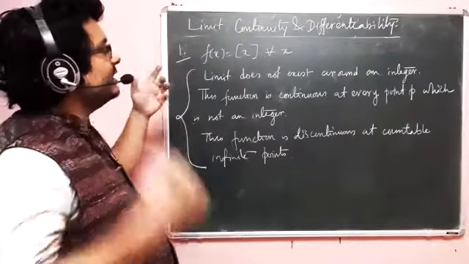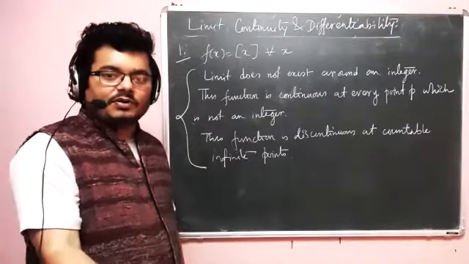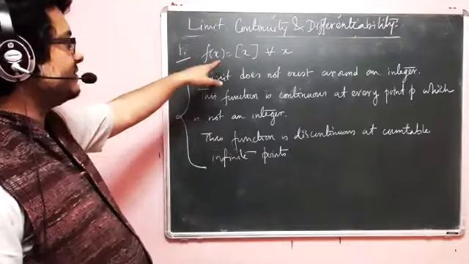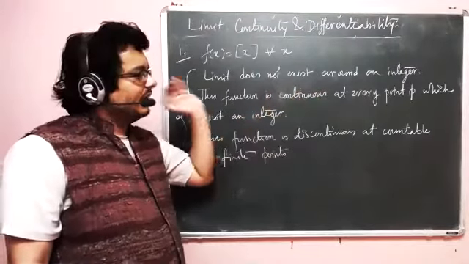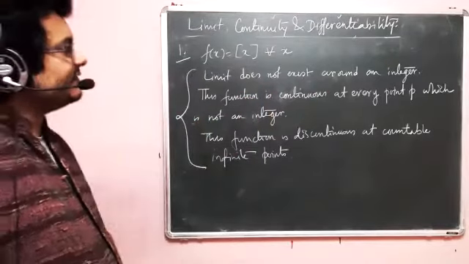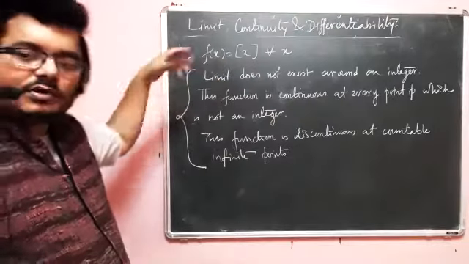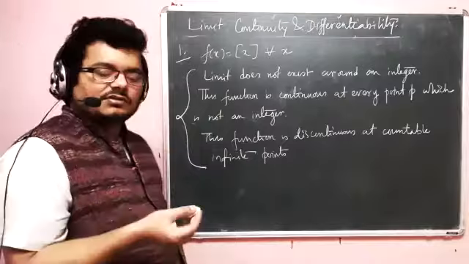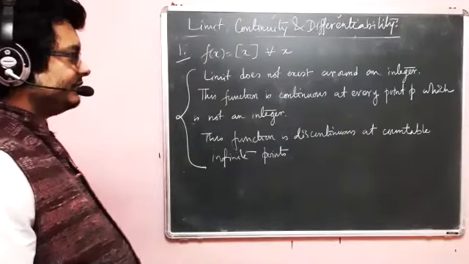In general, the question is not giving you a point. If it says comment on the continuity of this function at an integer, then your job is pretty simple. But if it asks comment on the continuity of this function, then first you have to think, looking at this function or probably drawing the diagram, where it can be discontinuous or where it may be discontinuous. Your first job is to find those points.